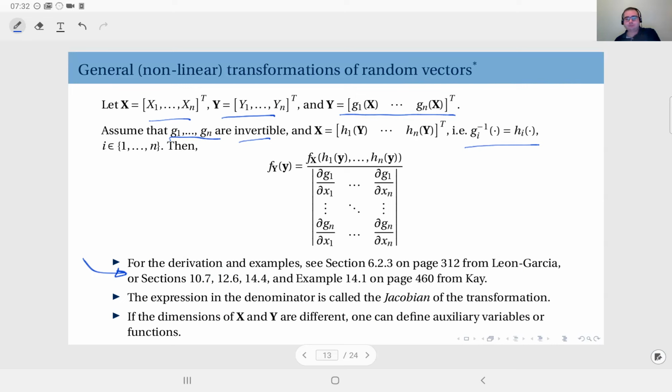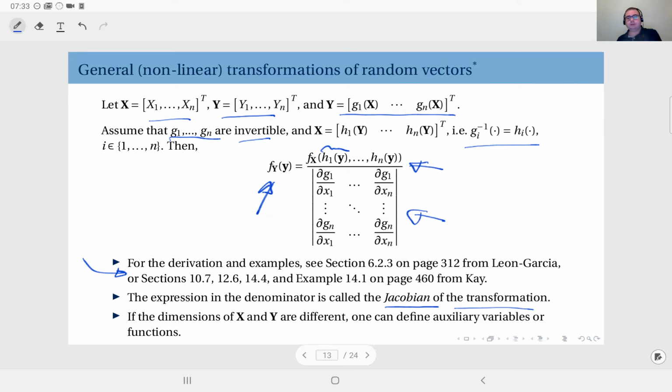In this case, the joint density of y can be written as this expression in terms of the joint density of x applied to these points. And here you have again a determinant, and this is called the Jacobian of the transformation. Okay, so you have partial derivatives: the derivative of g1 with respect to x1, x2, x3, etc. in the first row.